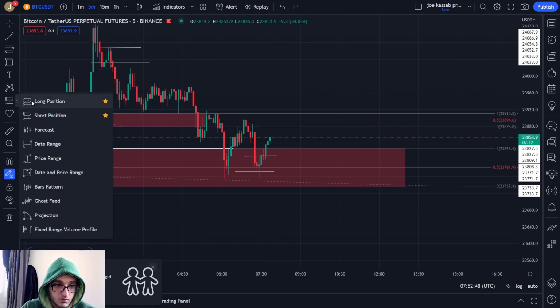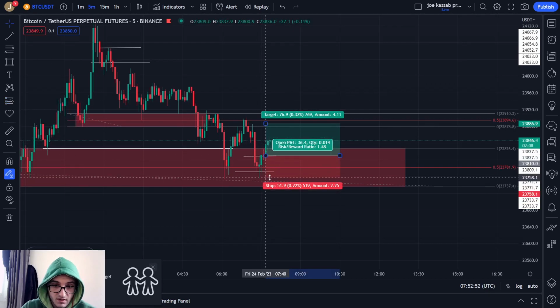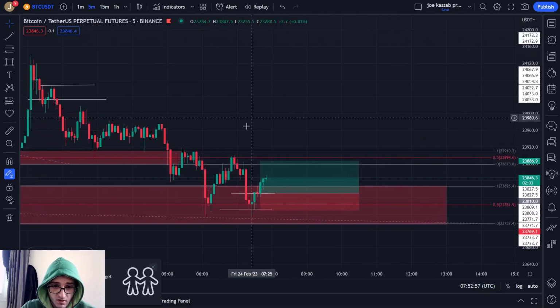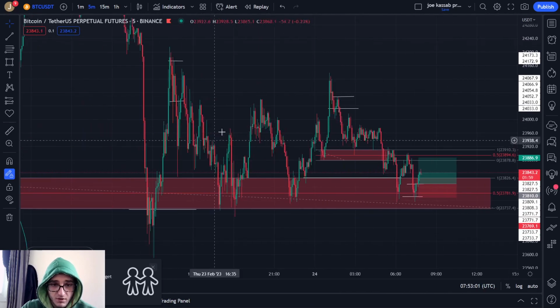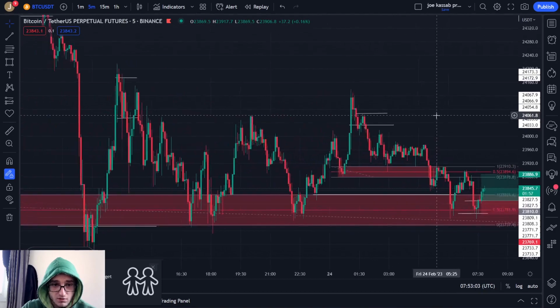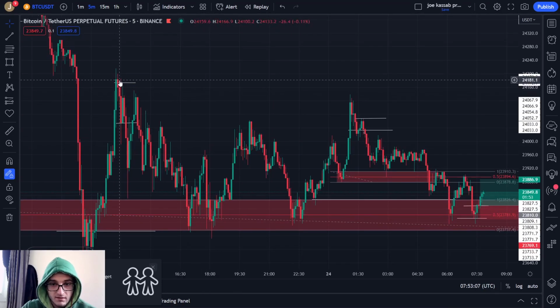So you can enter here as the strategy is saying, and you have your stop loss here, and you need some areas to hit.